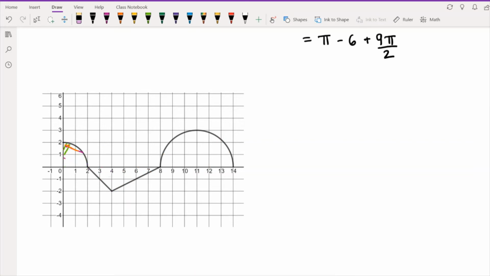So anything that you can do with a typical function, you can do with an area function.